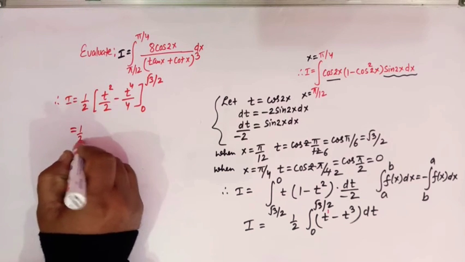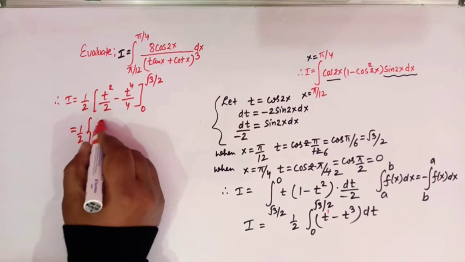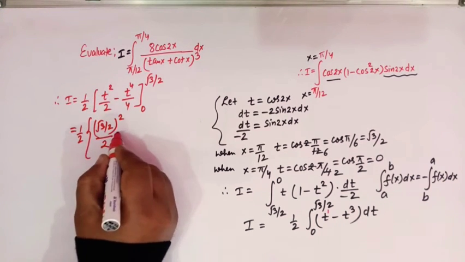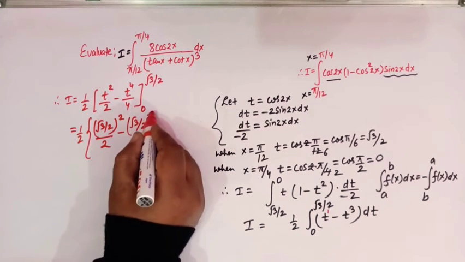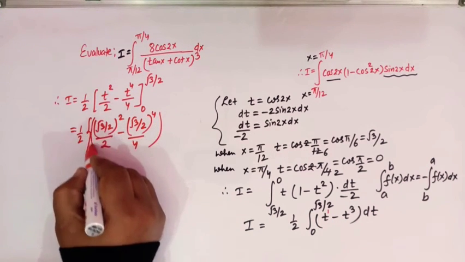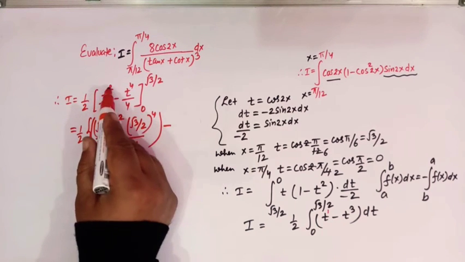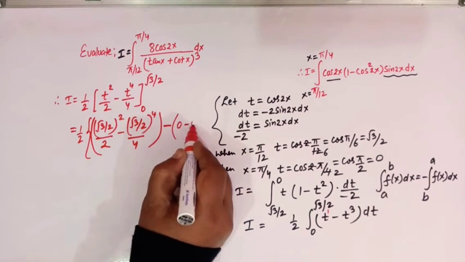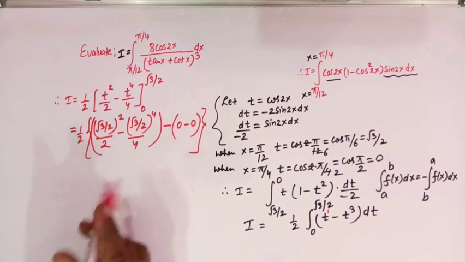So we have half here, and if we substitute root 3 over 2 we get (root 3 over 2) square over 2 minus (root 3 over 2) raised to 4 over 4, and then we substitute 0 here, so 0 square is 0 and 0 raised to 4 is 0, so we have 0 minus 0. So this is the expression.